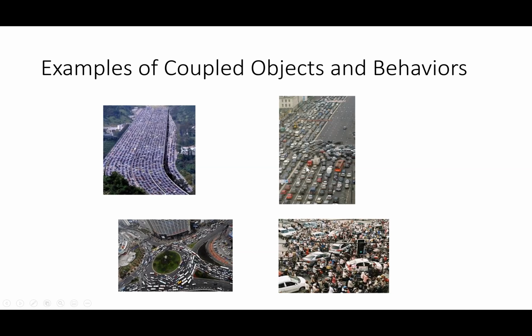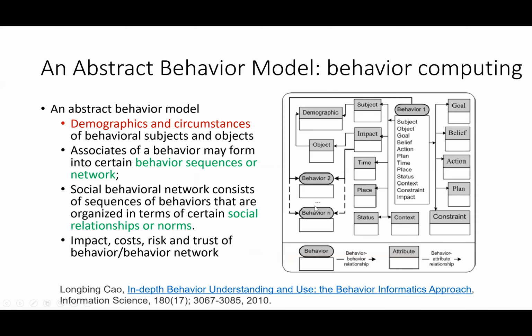And how to model this kind of thing. In modeling that, we really have to model the multi-party, multi-correlation, multi-lane, etc., right? And so in the paper here, we actually discuss whether we could generate an abstract behavior model and capture the subject, object, action, place, time, etc., about this behavior, and then you got multiple behaviors, and they're all related.